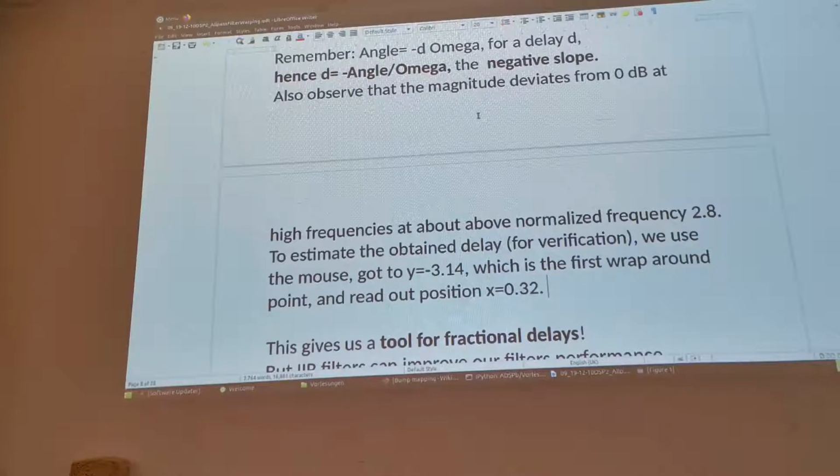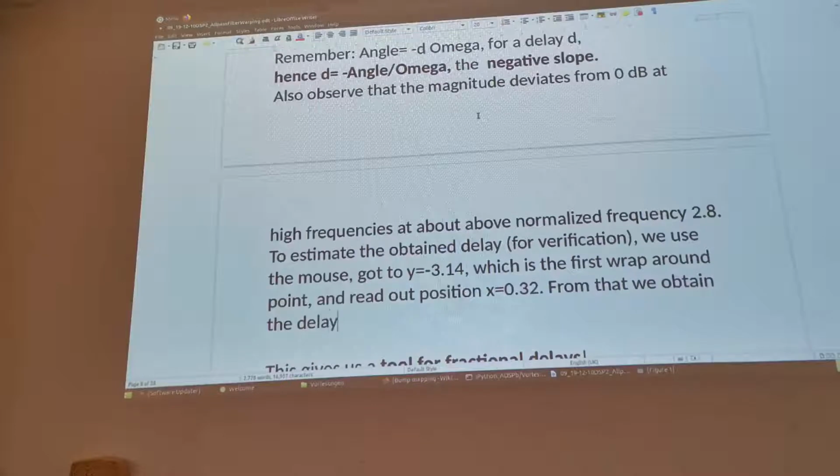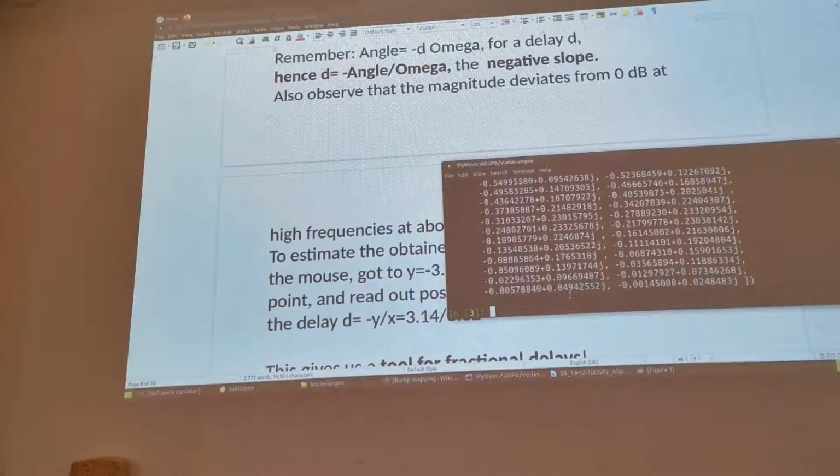So then we get from that, we obtain the delay d equals minus y divided by x equals 3.14 divided by 0.32 equals, what does it equal? 9.8. Oh, you already computed it?